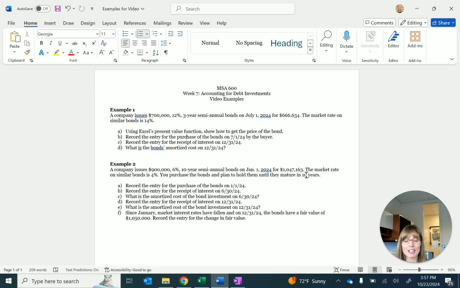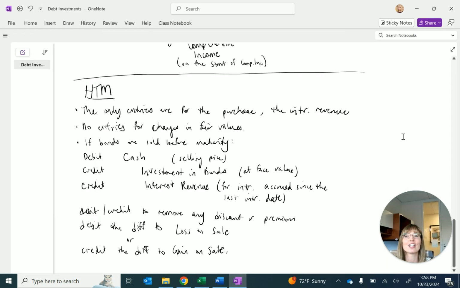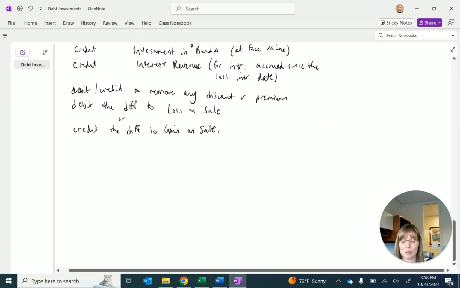We want more money, so everybody flocks to the 6% bonds. That drives the price up above the face value of 900,000. And so in order to purchase them, you have to spend 1,047,163. So let's start with that entry for the purchase in example 2.